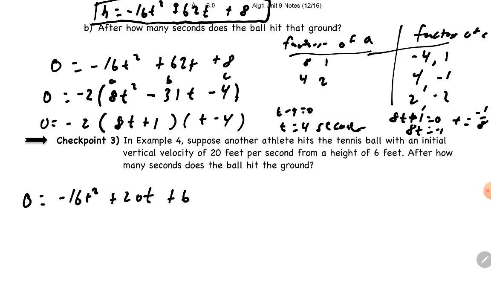Okay, so I'm going to factor out a negative 2 again, because they're all multiples of 2. So 8t squared plus 10t plus 3. And since I factored out a negative 2, this positive now is a negative. And this positive 3 is now also a negative.